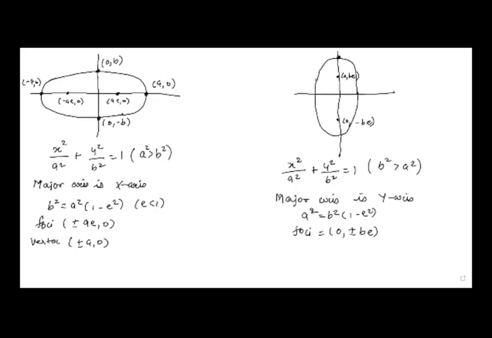Here the vertex, that is vertex of major axis, is 0 comma plus minus b. If you are interested in knowing the vertex of minor axis, then it will be a comma 0 and minus a comma 0. Right.